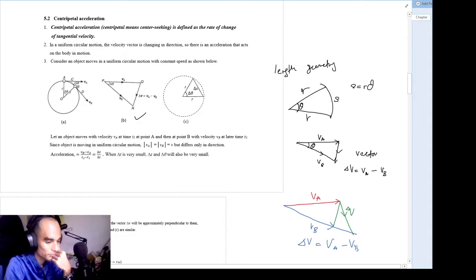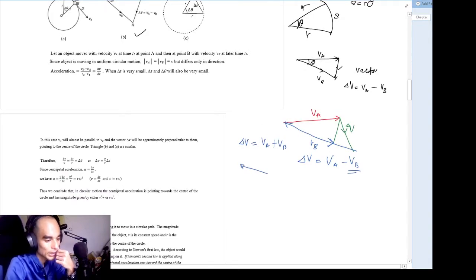Okay. Yes or not? Because VB is actually pointing here. If VB were pointing up here, then change of V equals VA plus VB. Or we can say, you can see the head and the tail, pointing up for VB, VA pointing here, and this one pointing down for change of V. Can you see that?